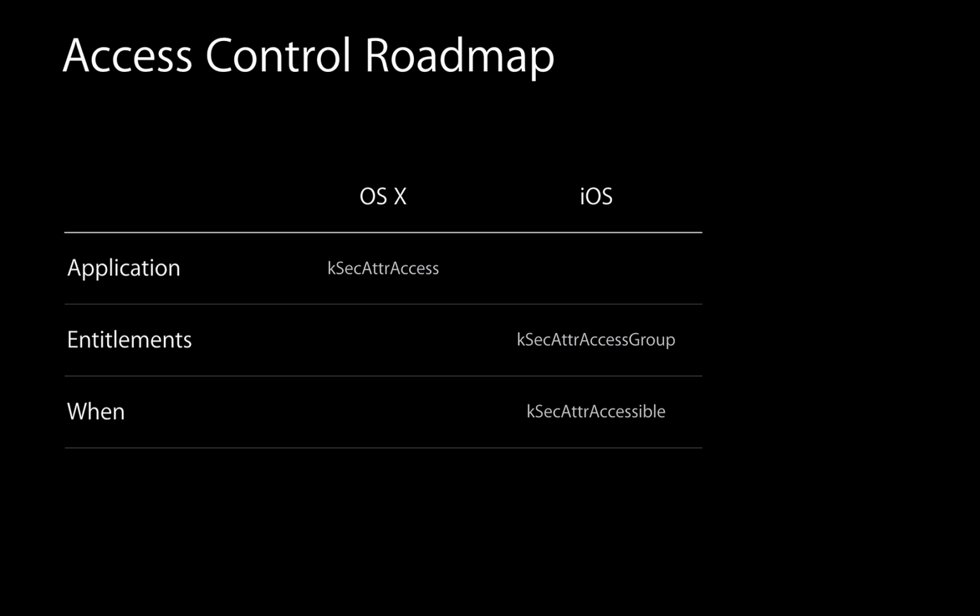And then we added kSecAttrAccessible. This isn't so much about who, but more about when your items are available. When can the Secure Enclave decrypt those items and return that secret back to your application? And today, we'd like to introduce to you a new form of access control called kSecAttrAccessControl. This is more about getting user consent to be able to use those keychain items as they're stored. And Libor will be up on the stage to talk about that in a moment.